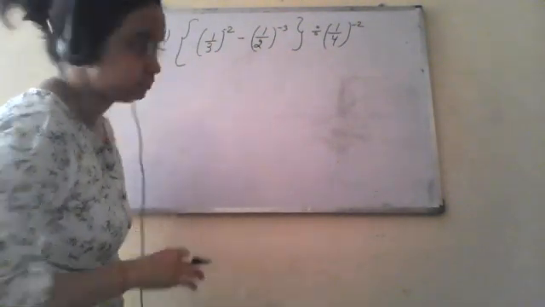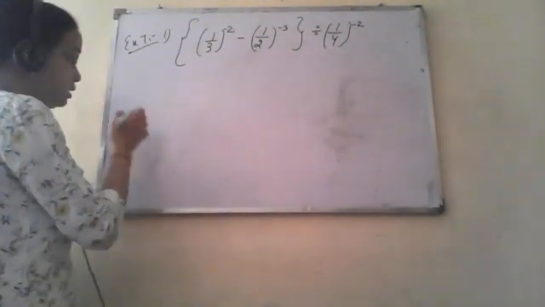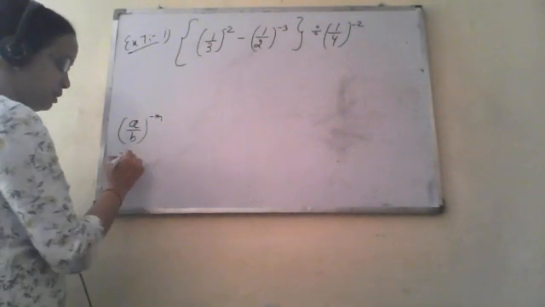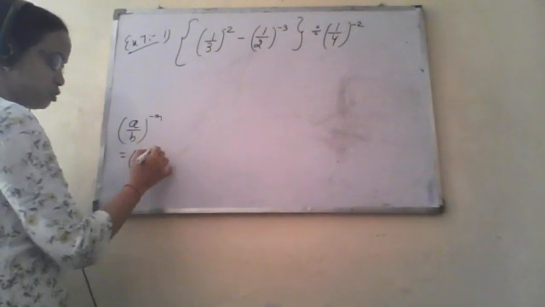Clear? Now as I told you earlier, if it is a fraction (a/b) raised to the power minus m, it can be written as (b/a) raised to the power plus m.